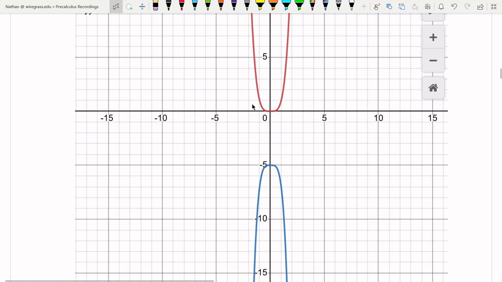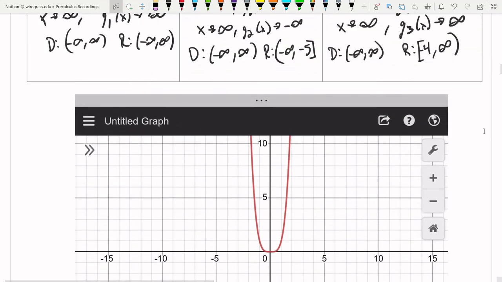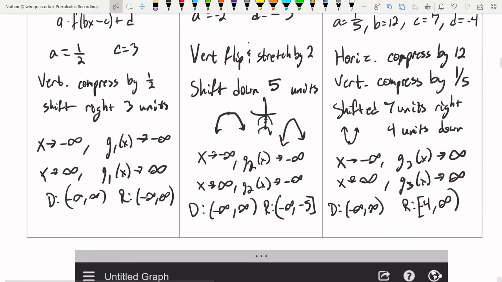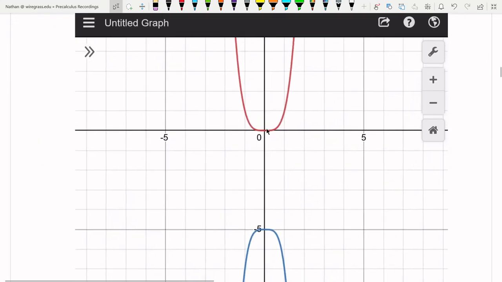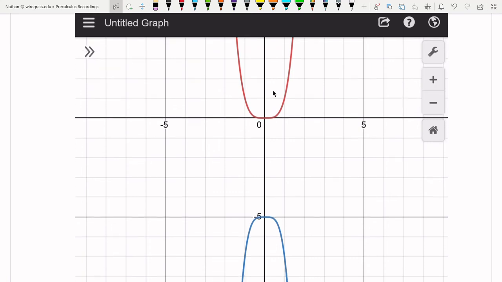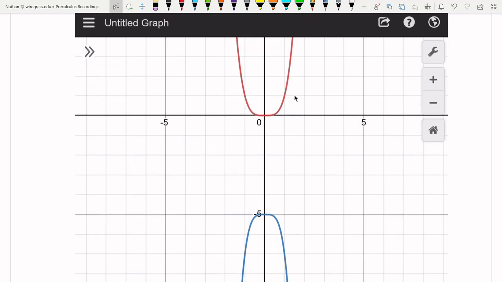So it gets flipped. And then, as it says here, a vertical stretch by a factor of 2. If it gets stretched by a factor of 2, that means these points here are going to get pulled upward, and so it's not going to be as flat here. And that's actually the case: this is not as flat as this one. Then it's been flipped, pulled down, and shifted down by 5 units.